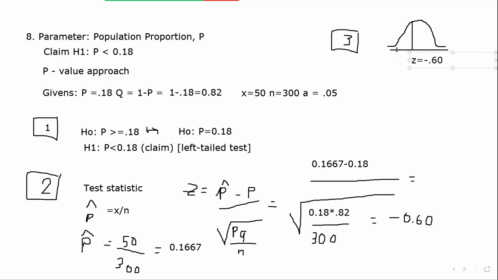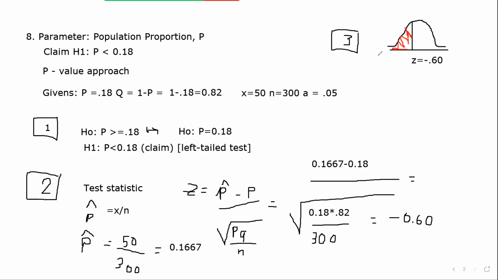We want to know if this area, let me shade it in red, we want to know if this area here is bigger than my alpha. Remember, my alpha here was, I believe, 0.05. Yes, alpha was 0.05.